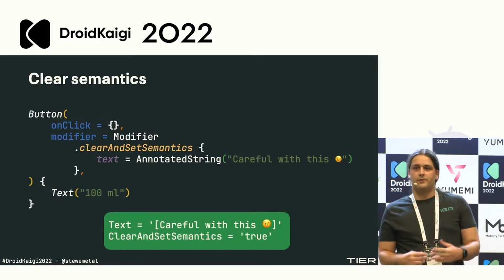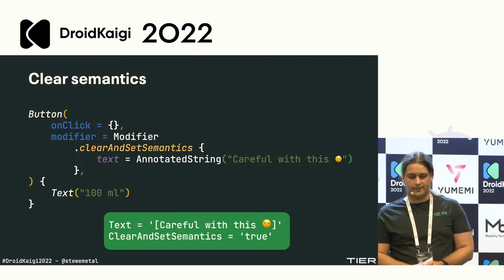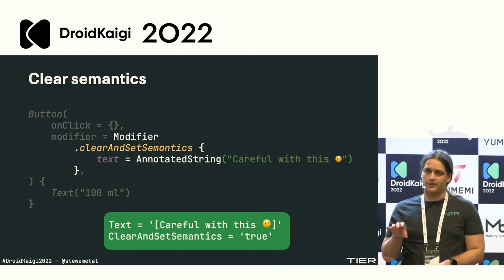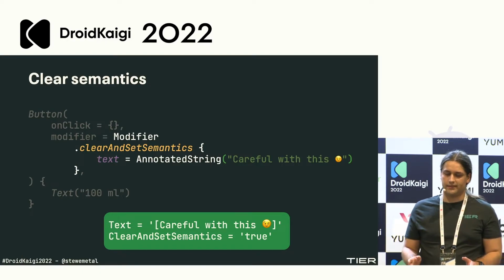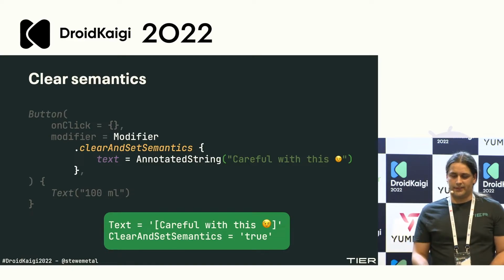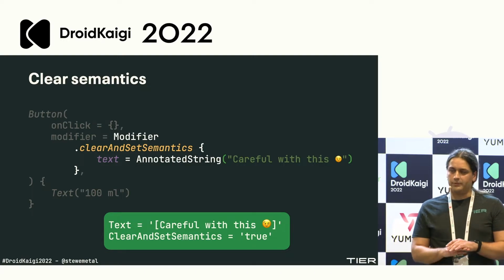Okay, so this is another way that we can use to modify the semantics tree, the semantics information emission: clearAndSetSemantics. If we call this on a modifier, then all of the actions that a composable would take to make the semantics tree sane will be deleted.